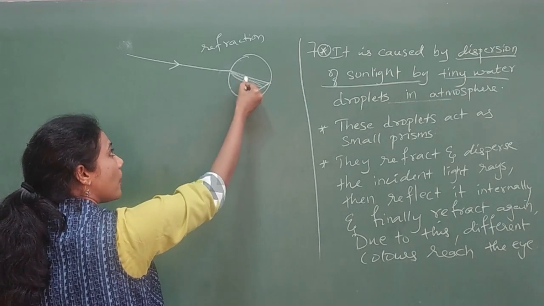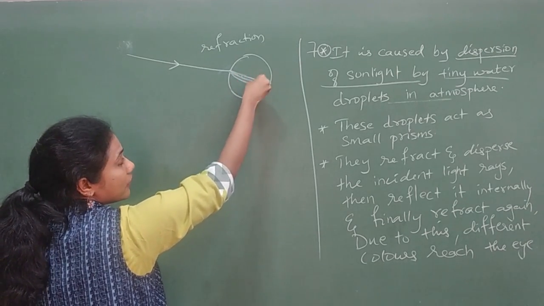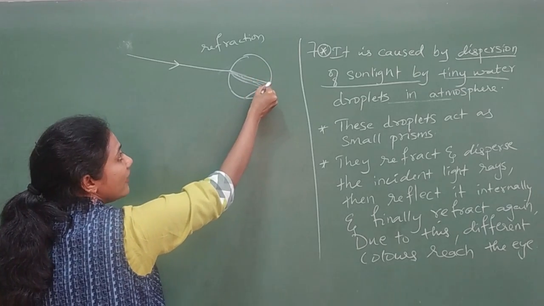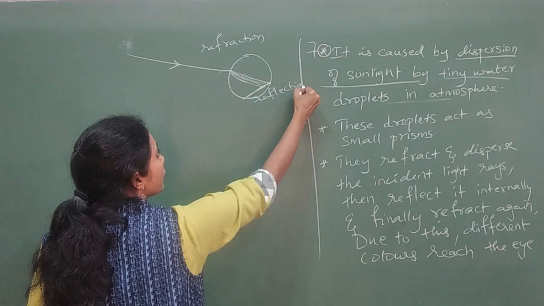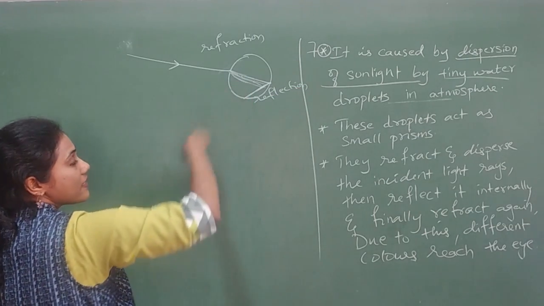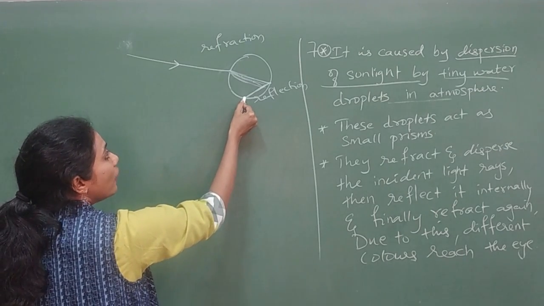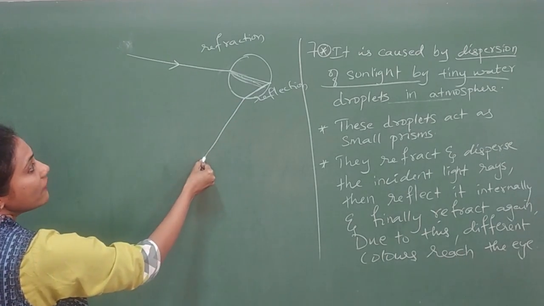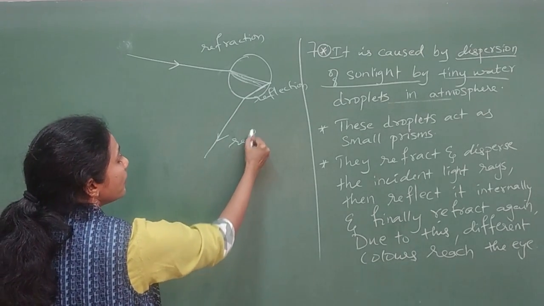Later, inside the droplet, all this dispersed light will reflect. So this is reflection. And after reflection, the light comes out from the droplet. When it is coming out from the droplet, again a certain level of refraction takes place. So this is the second step of refraction.